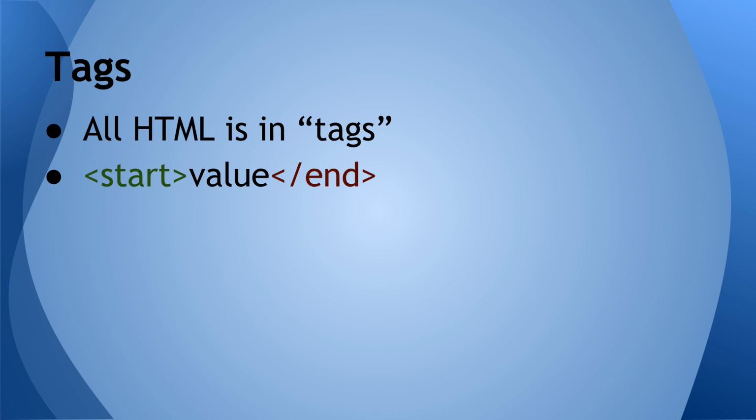All HTML is written in something called tags. Now tags look like this green part here. You have an opening, then you have the name of the tag, the closing, then you have some value, and then you have the same tag, but with a slash which symbolizes the end.